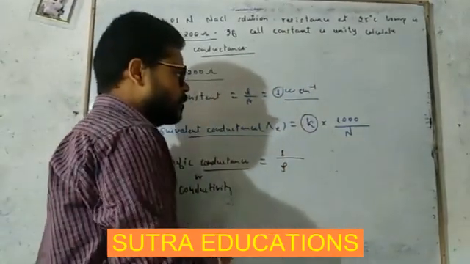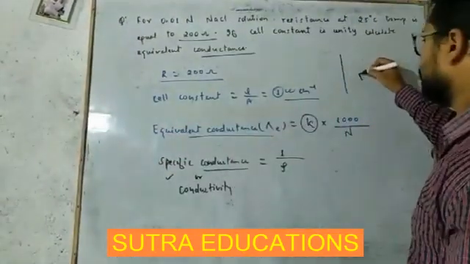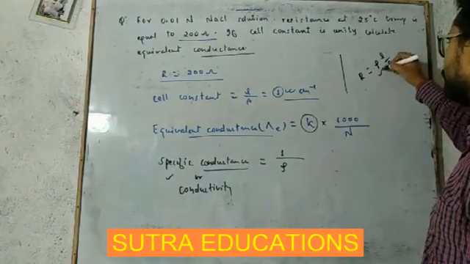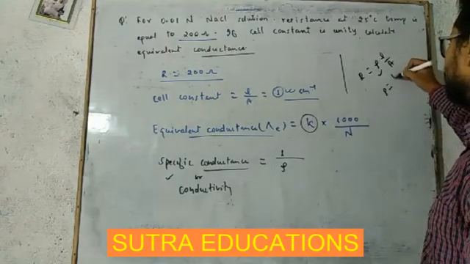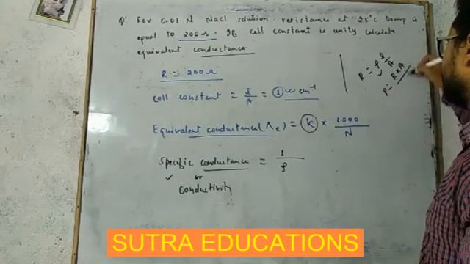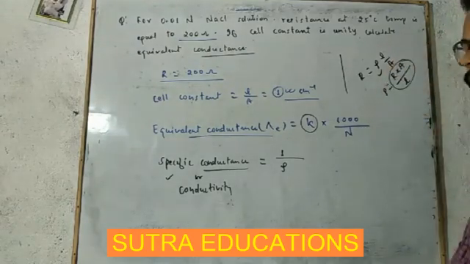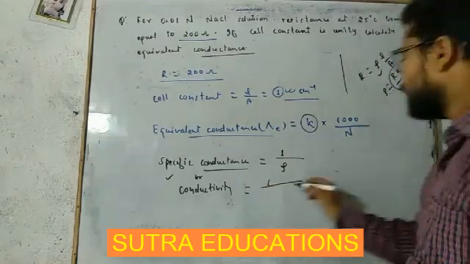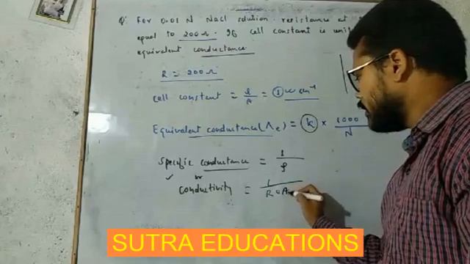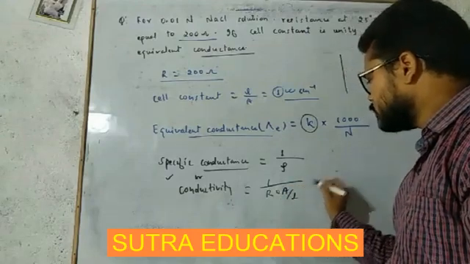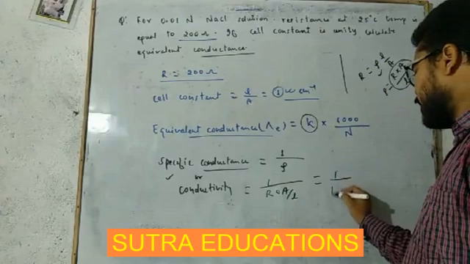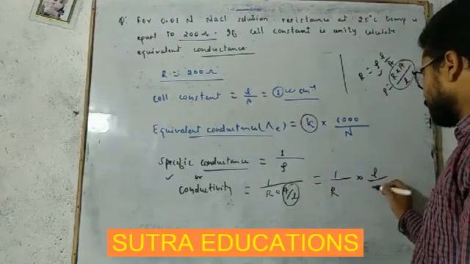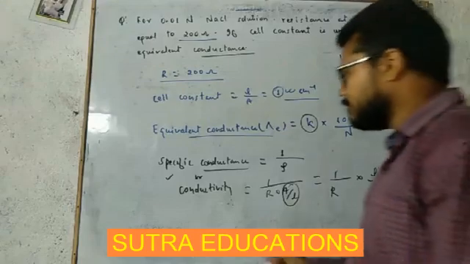You know, R is equal to rho L upon A. So rho will be equal to R into A upon L. So conductivity is 1 by rho, and rho is R into A upon L, so it will be equal to 1 by R into L by A. This is kappa.